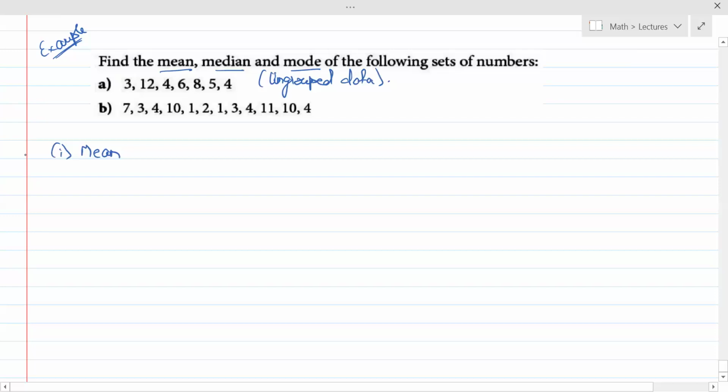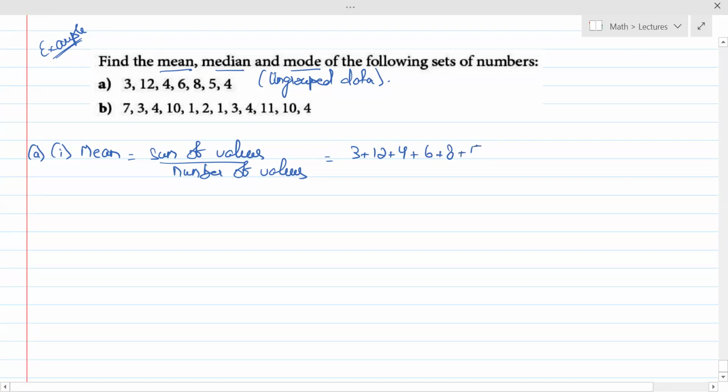For mean, as we discussed earlier, mean is calculated as sum of values upon number of values. The sum of values here we have 3, 12, 4, 6, 8, 5, 4. Sum means we'll add up 3 plus 12 plus 4 plus 6 plus 8 plus 5 plus 4.